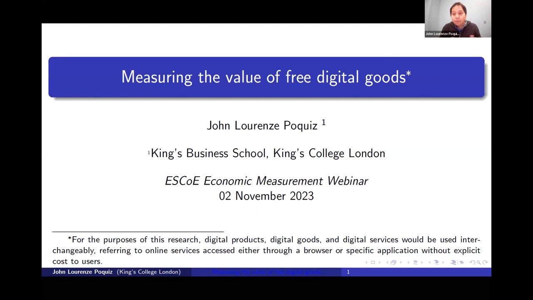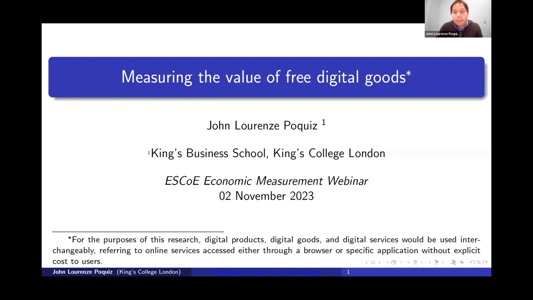So when we're talking about free digital goods, in the context of this research at least, we're generally talking about free services that are offered online for free. If we're thinking about video conferencing, emails and online news, actually those are the goods that I'll be focusing on in this research.